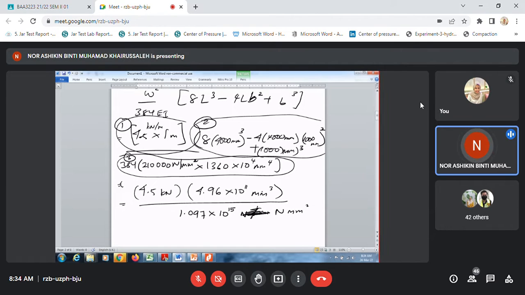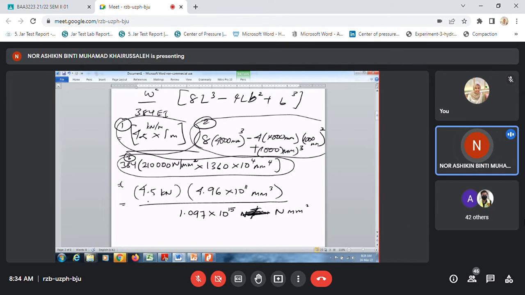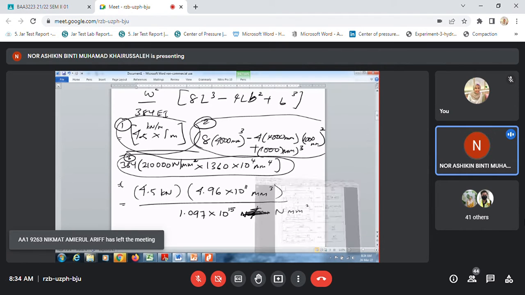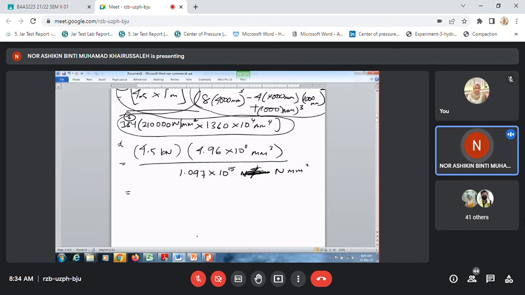So you can see that when you cancel the units, you will get the value in millimeter. Can you see that? Yes. So that's why the W should be in kilonewton. Okay, so what is the value now, in millimeter?